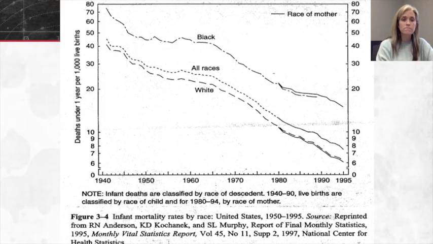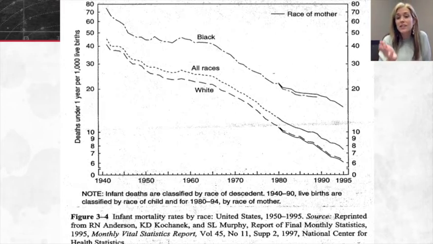It just depends. So looking at infant mortality rates by race in the United States, from 1950 to 1995, even if you're not studying infant mortality specifically, you can look at this chart and say, wow, look at these health disparities. So maybe you're a health disparity researcher.